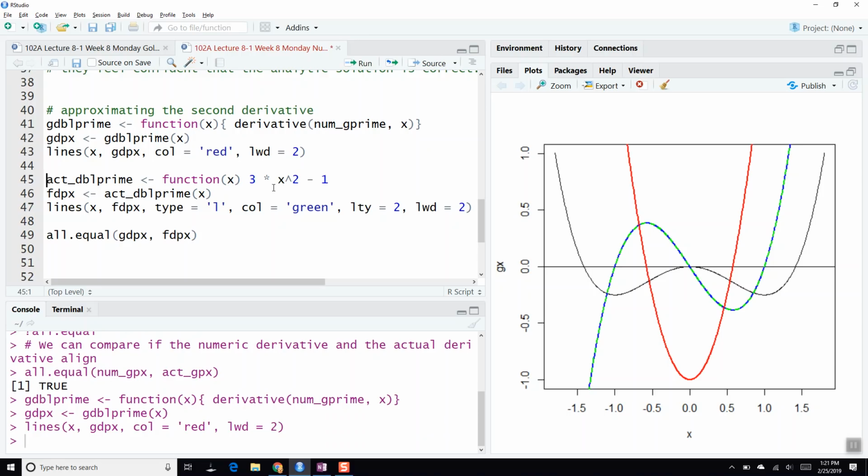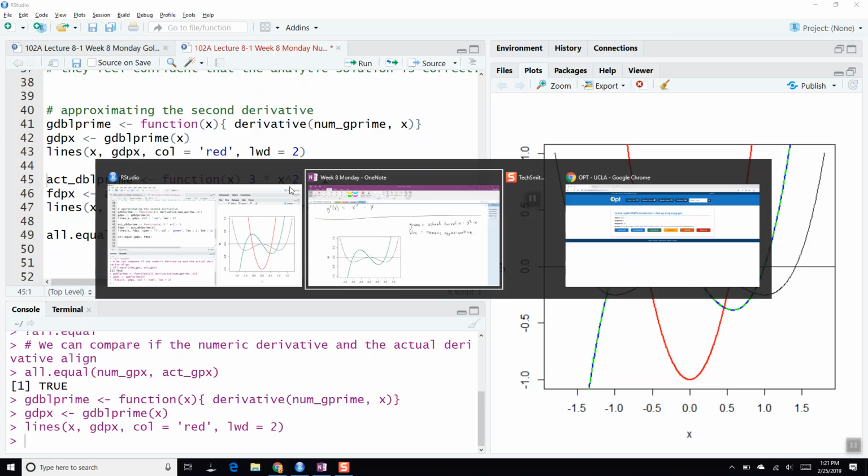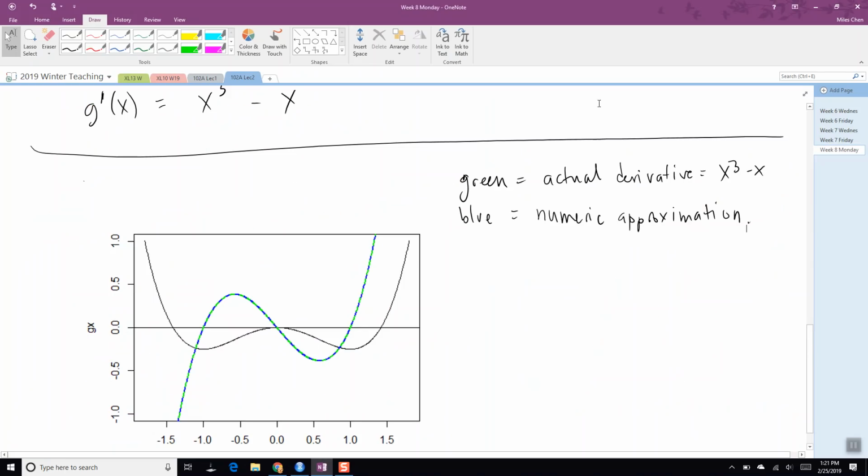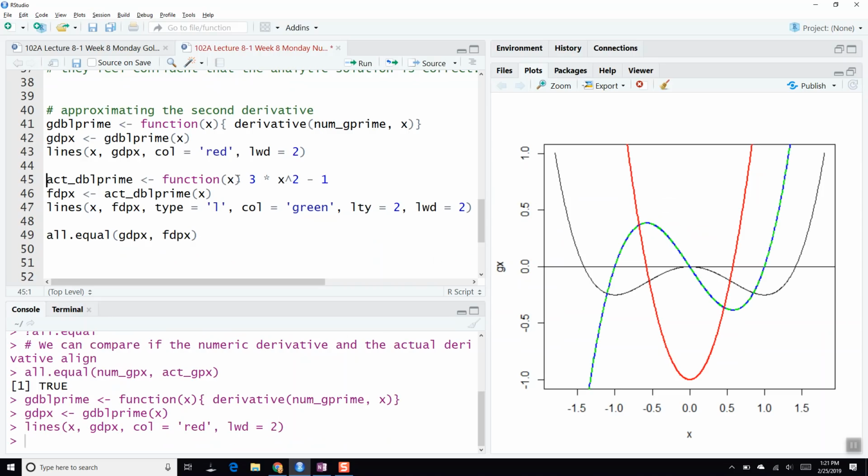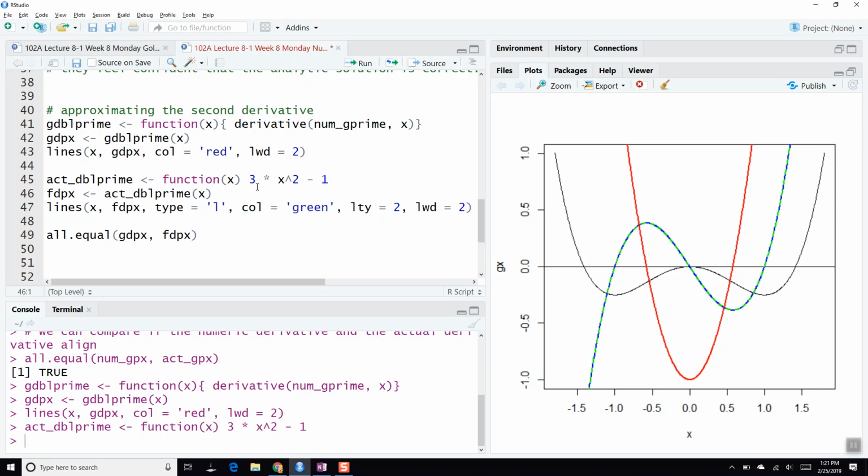Because we have such simple polynomials, x cubed minus x, the actual derivative is very easy for us to find. That's going to be 3 times x squared minus 1. So I can compare what the actual second derivative is, which is going to be 3x squared minus 1.